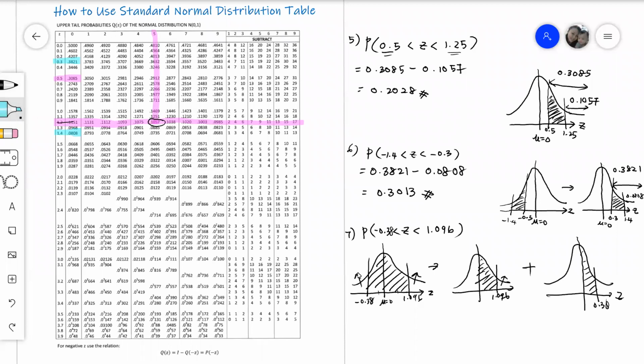Where is it? 1.0 is here, 1.09. Our second decimal place is 9, and then the third decimal place value is 6. So this is the value that we want.